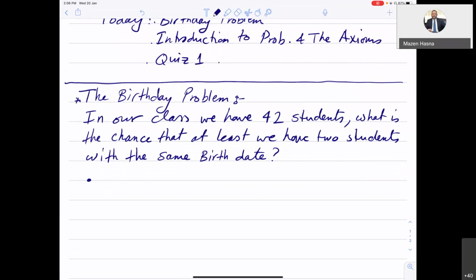Counting techniques are usually telling us how many elements we have in the space of this experiment.